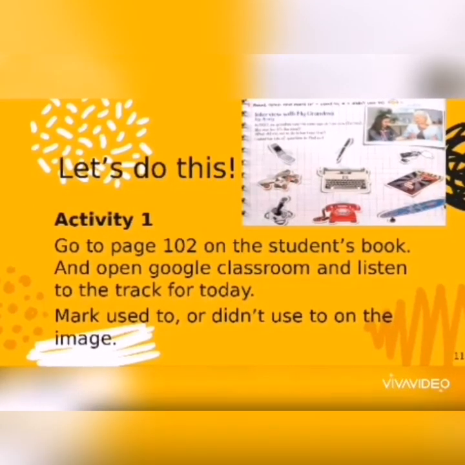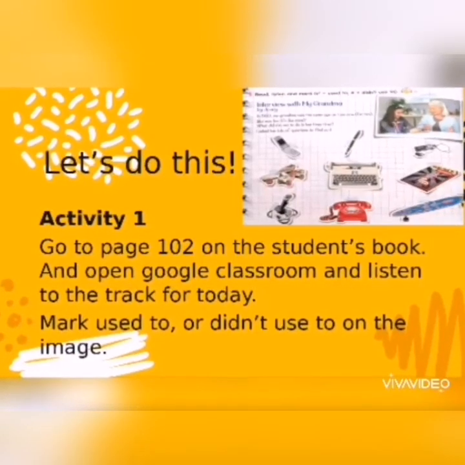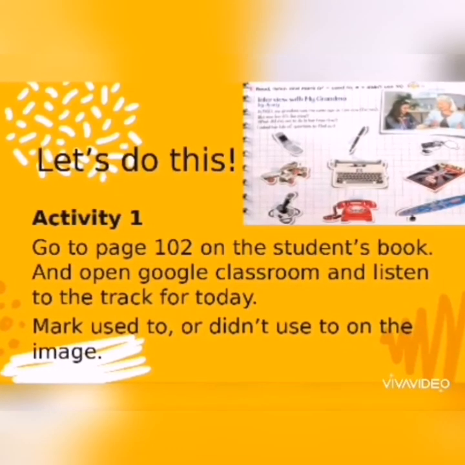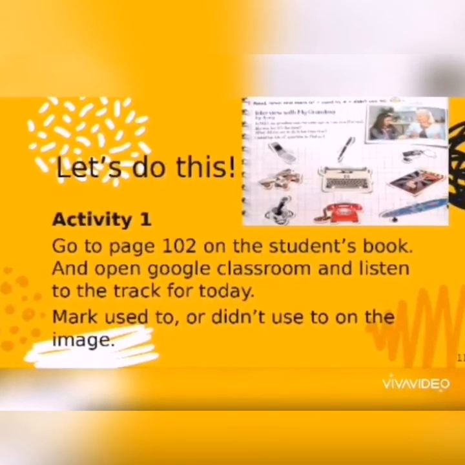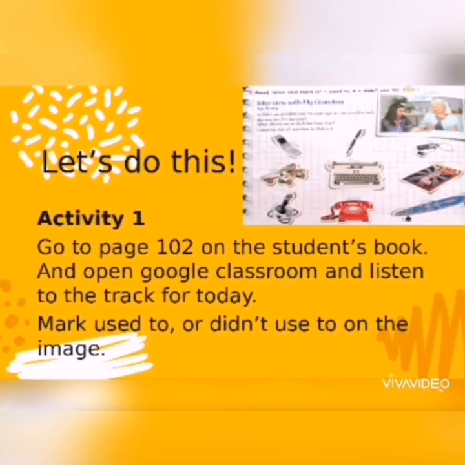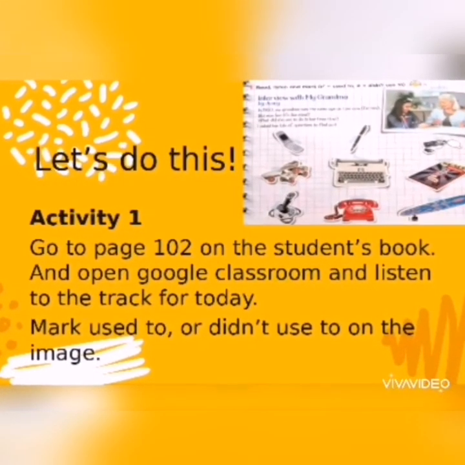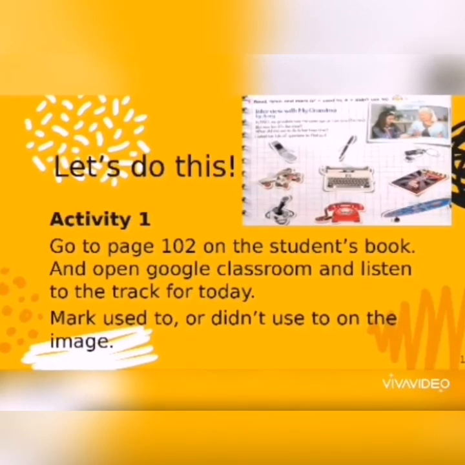And there were payphones on the street, but I never used to use them. How did you used to listen to music? We used to listen to the radio or to a record player. We didn't used to have MP3 players, so we couldn't listen to music everywhere. We had to sit in the living room at home.